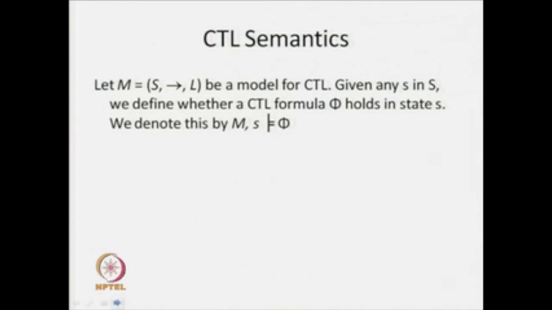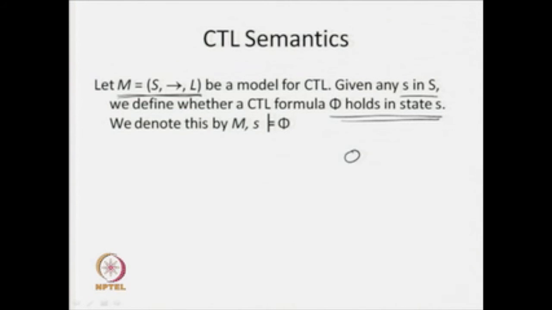Now, we are going to define the semantics of our CTL formula, like I did for temporal formulas earlier. In CTL also, we consider one particular model M, which has these three components: set of states, transition relation and L, as a model of CTL. Given any state S of the set of states, we define whether a CTL formula phi holds in this state or not, and we denote it by M, S models phi.